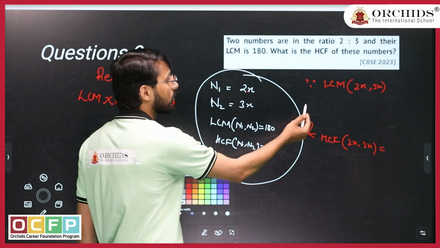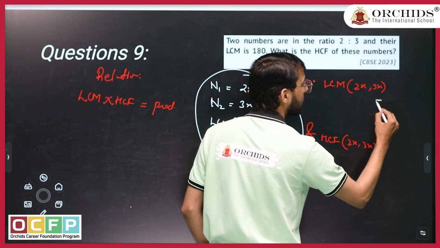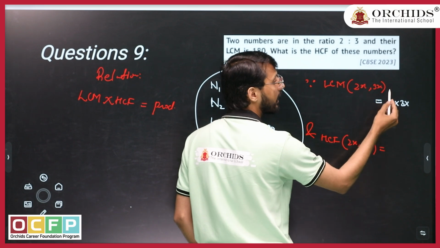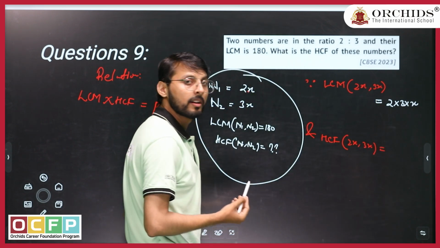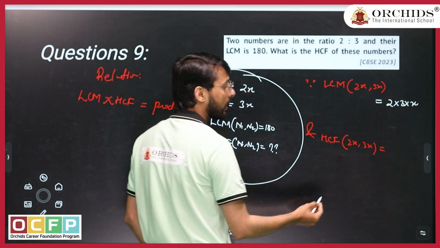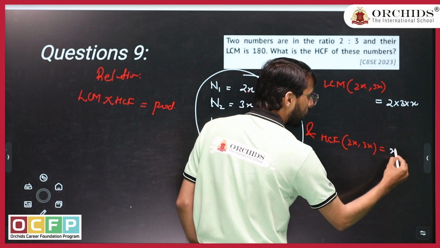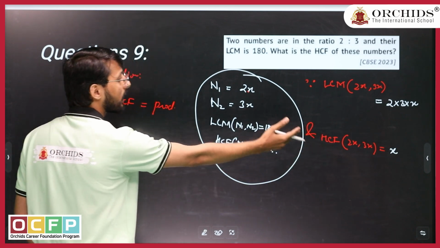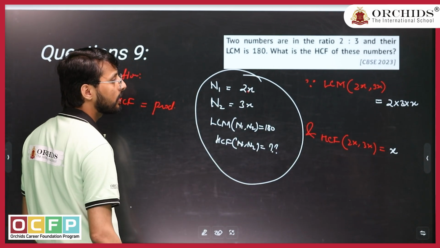So LCM we get is 2 into 3 into x, and HCF we got is x.